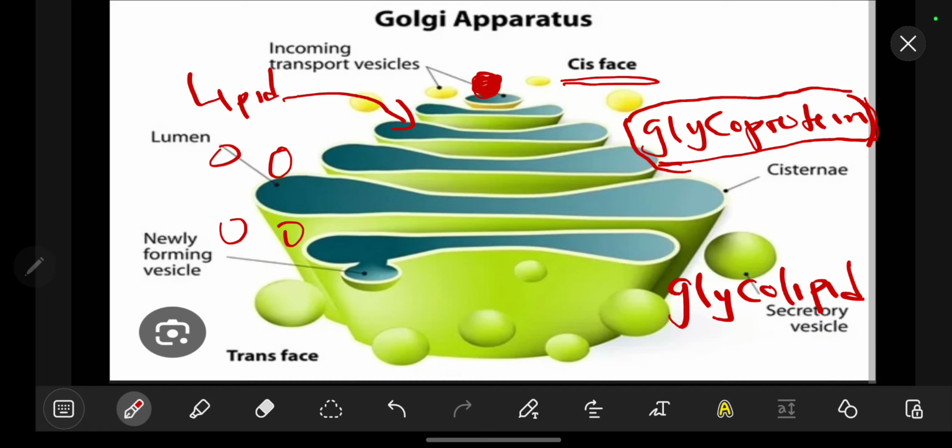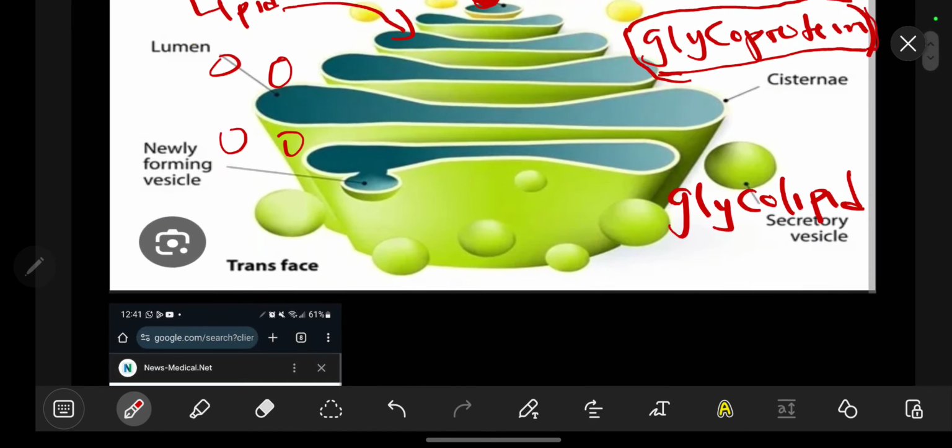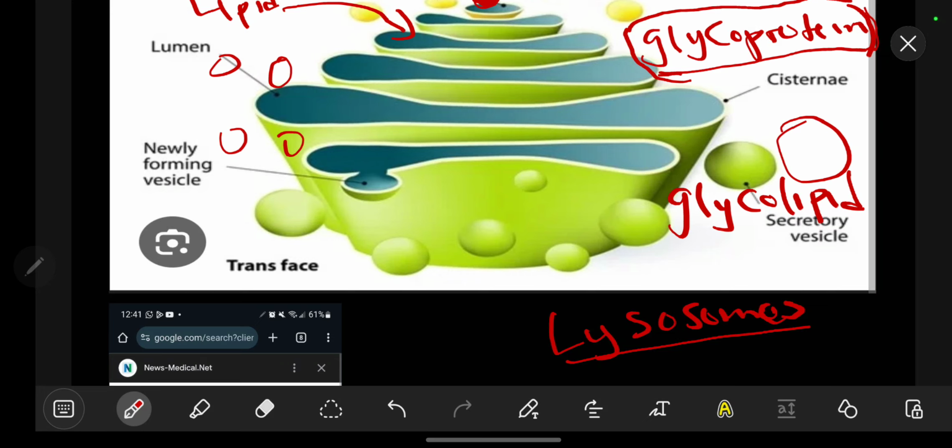Then the other thing that is very important is that the Golgi body produces what we are going to call the lysosomes, which we talked about in the previous video. So it helps in the formation of lysosomes by packing some of the enzymes in a vesicle. So those are the functions of the Golgi body.